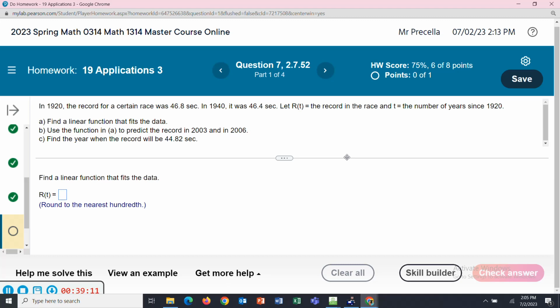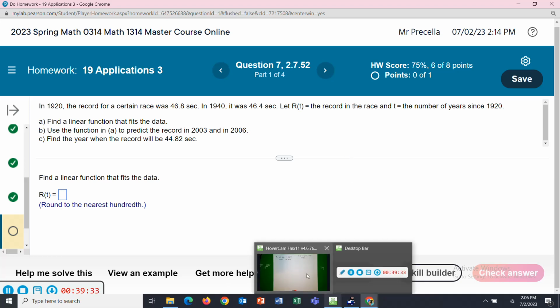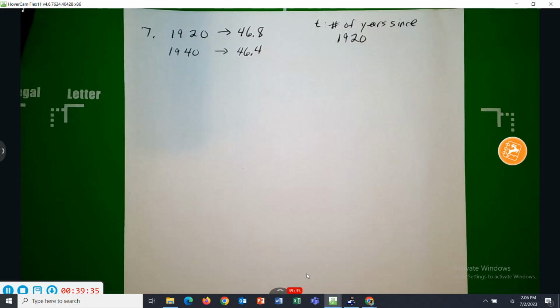So they're using a T instead of an X. Okay. So if T is number of years since 1920, and this is just going to get us smaller numbers. Okay. T is the number of years since 1920.